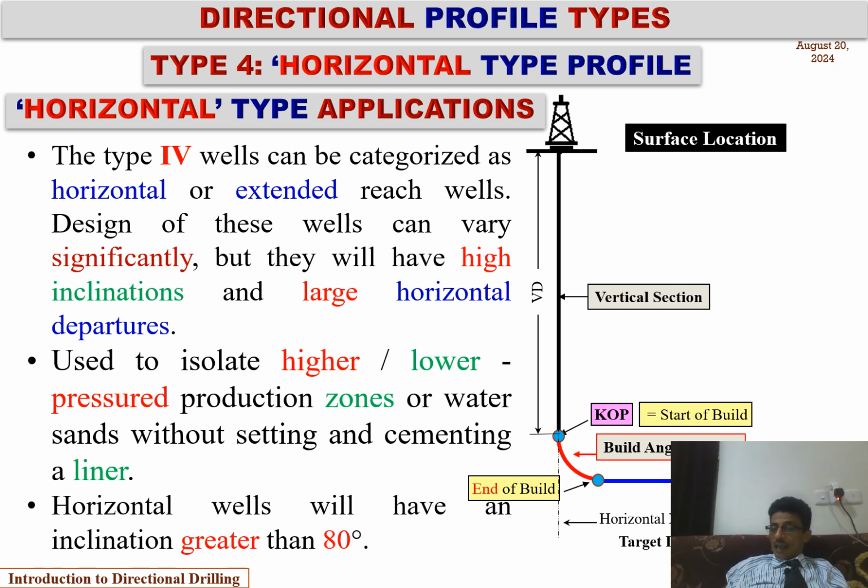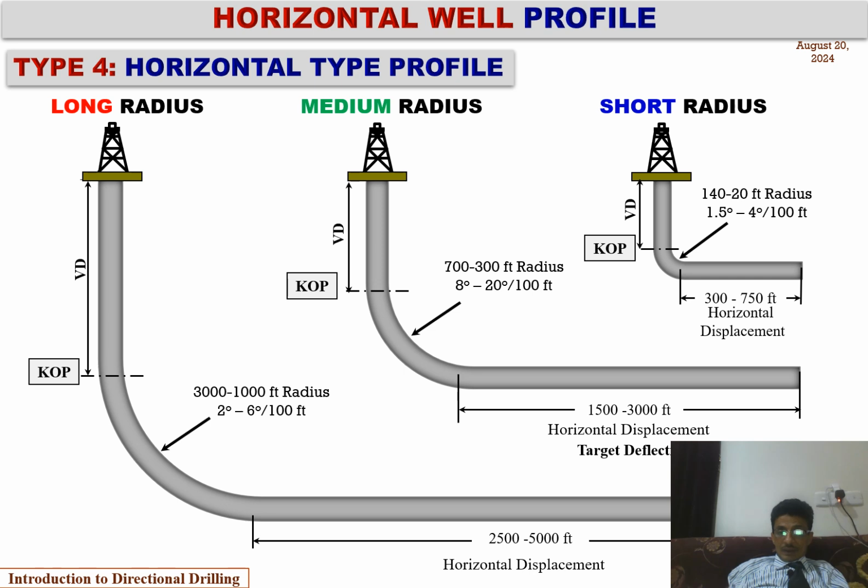After that we start the horizontal section from this end of build angle to the target of our reservoir, and from the vertical to this target we have the long horizontal displacement or target deflection. As we said previously, the types of horizontal profile are the short radius, medium radius and long radius, for every target, according to the depth of the well.